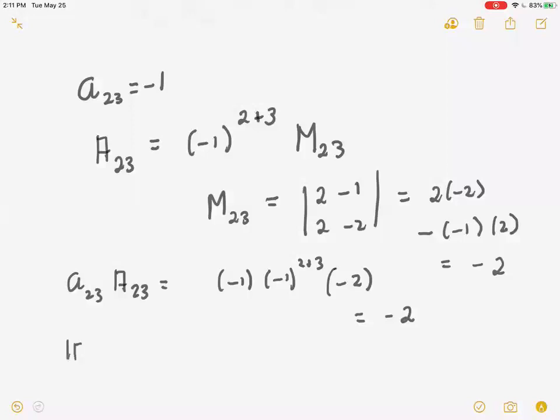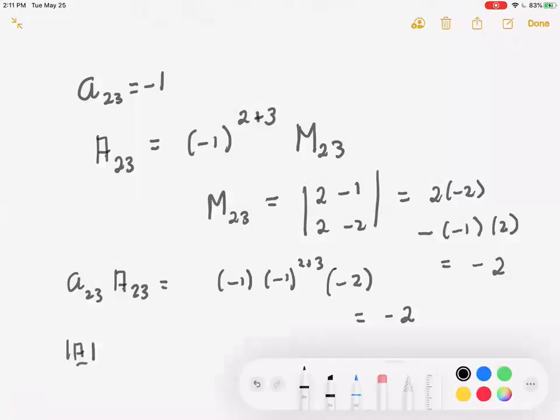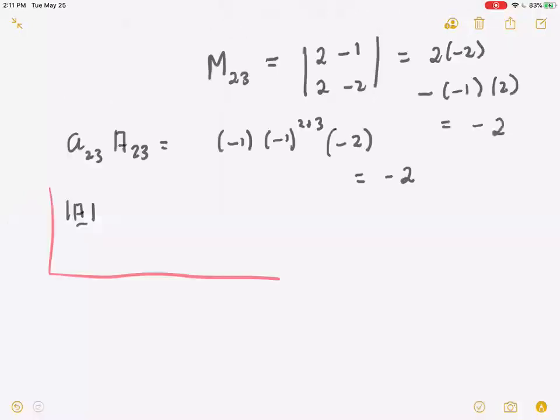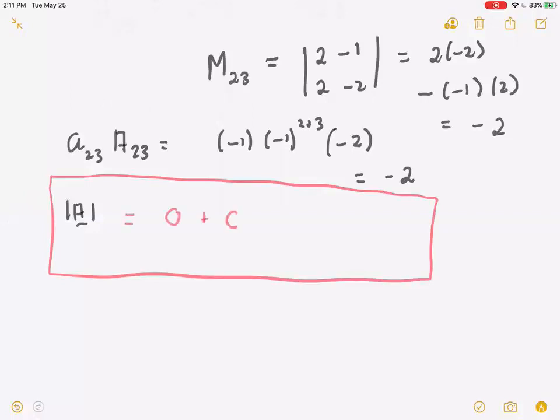So your final answer, let's put this in red, to this problem is going to be that the first term vanishes, the second term vanishes, and the third term is still there.